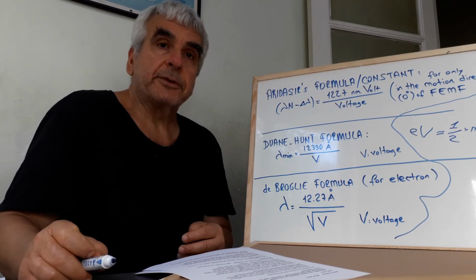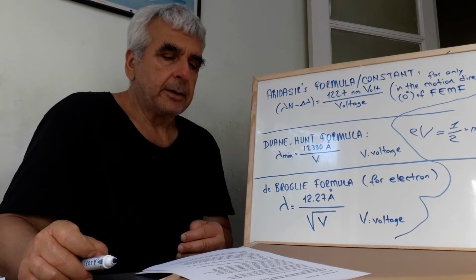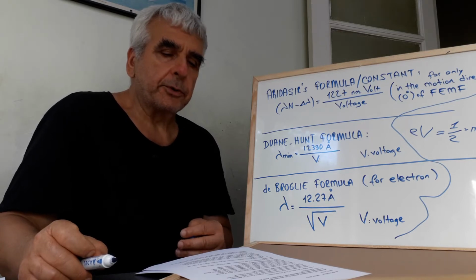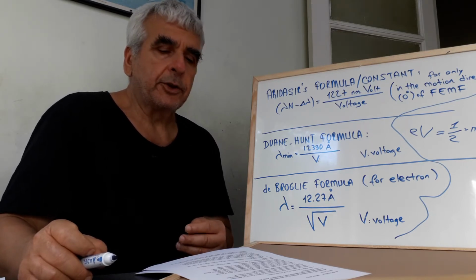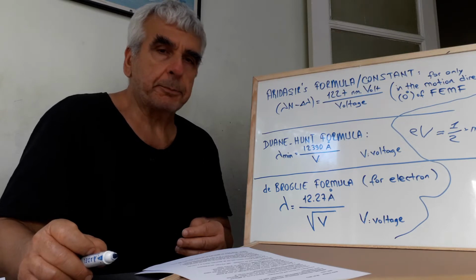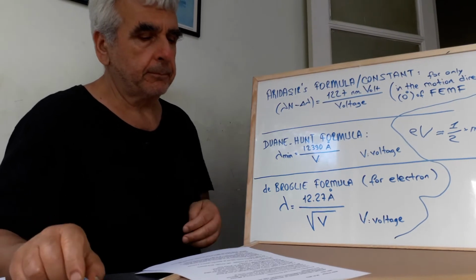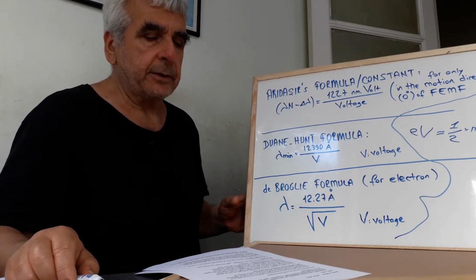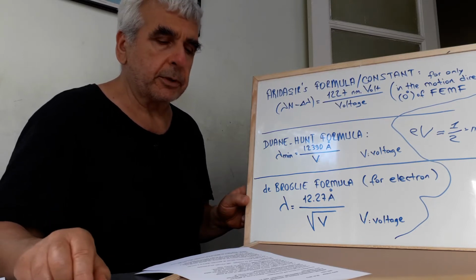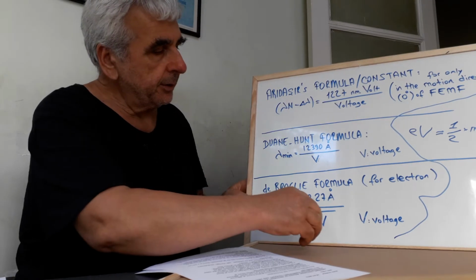And this hypothesis makes de Broglie's thought product a warped formula. That formula is the de Broglie formula for the electron here.